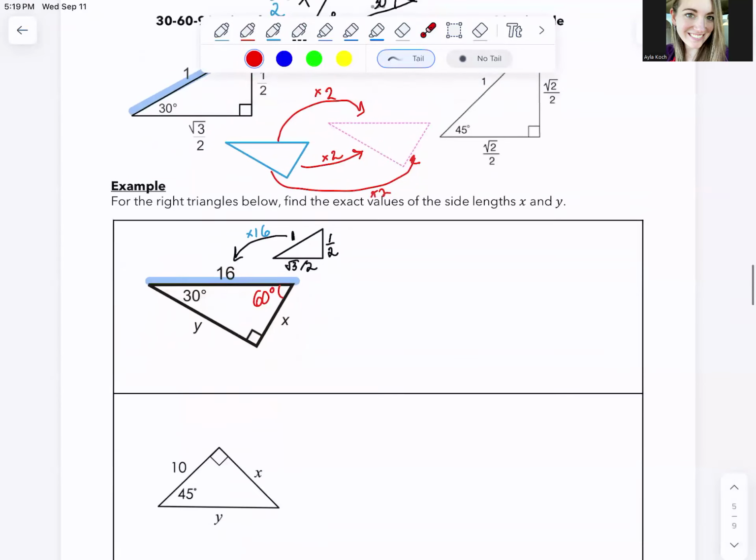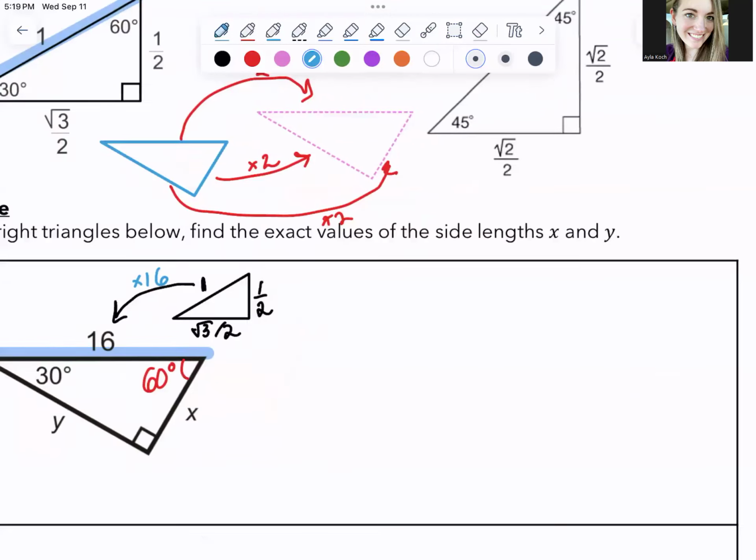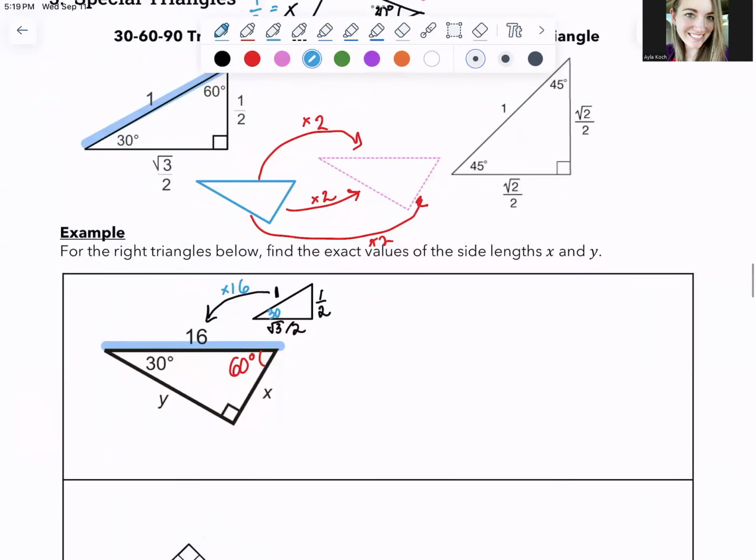So the side opposite the 30-degree angle, this one's the 30-degree angle, we should be multiplying that by 16 as well.